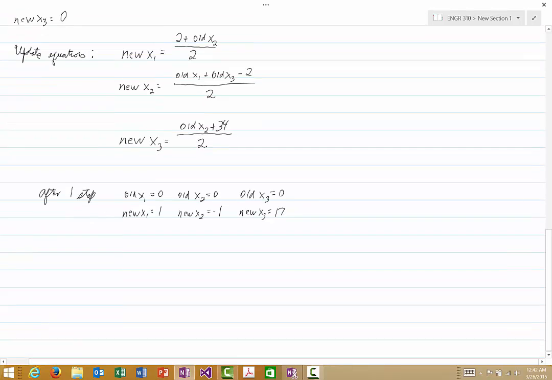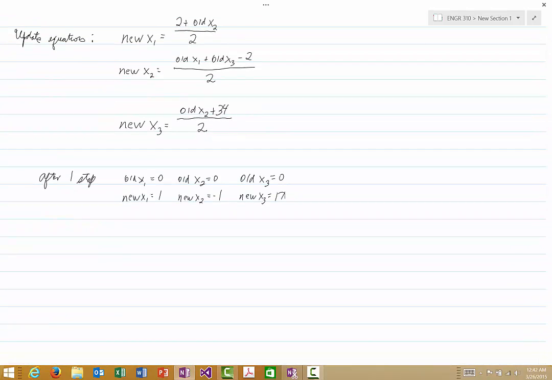And so therefore, when we notice that, what we're going to do in the next step, so let's now, after 2 steps, at the very end of the first step, or maybe you can say the beginning of the second step, is when we will update our old ones.